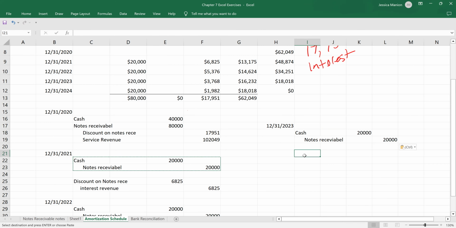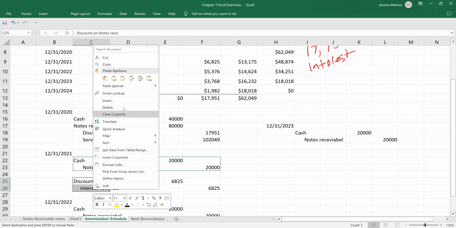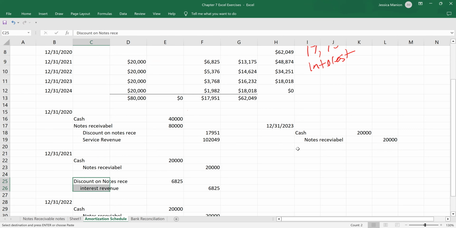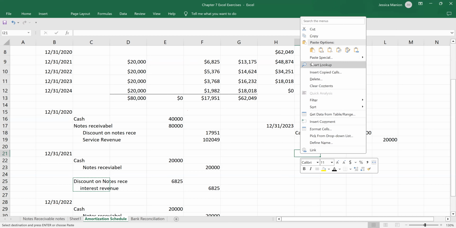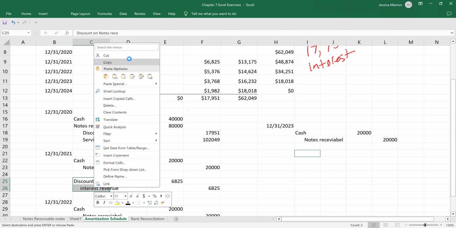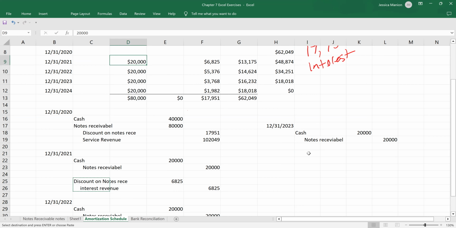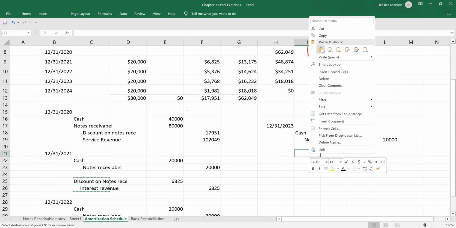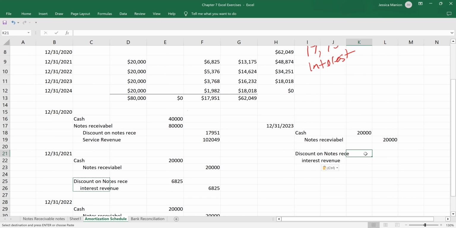We'd still do that entry, and we're still going to debit discount on notes receivable and credit interest revenue. But now we're going to do the amounts for 2023, 3768.